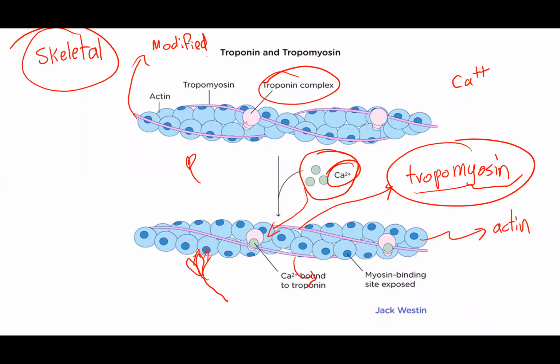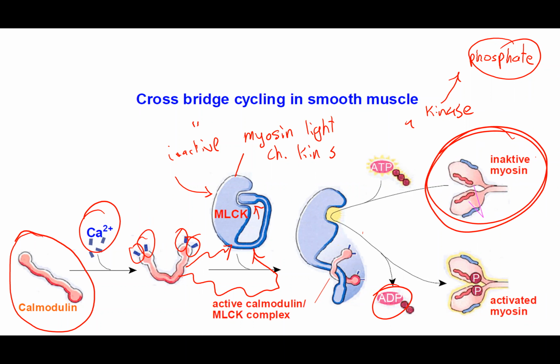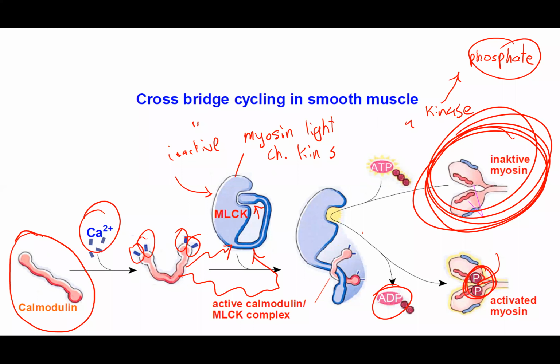In smooth muscle, what's getting modified is the actual thick filament, the myosin itself. The actual myosin is being phosphorylated. The reason it's being phosphorylated is for it to be activated. So we're trying to activate these heads, for them to do the whole cycling process.